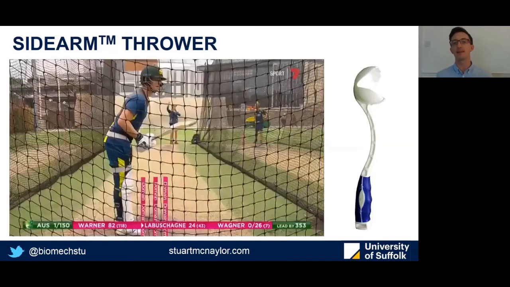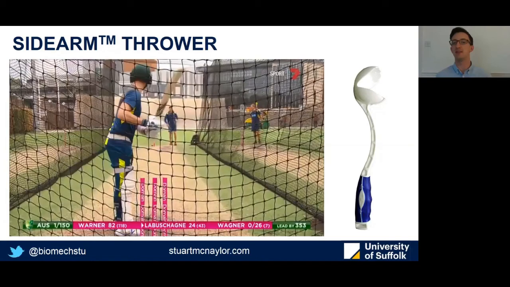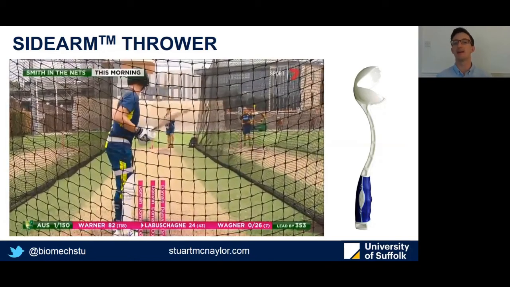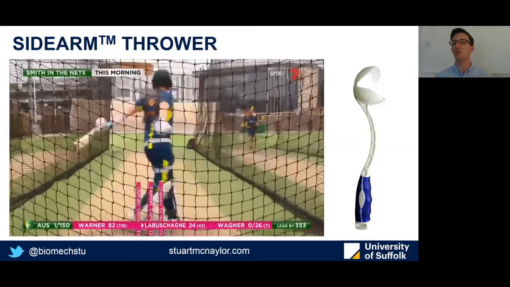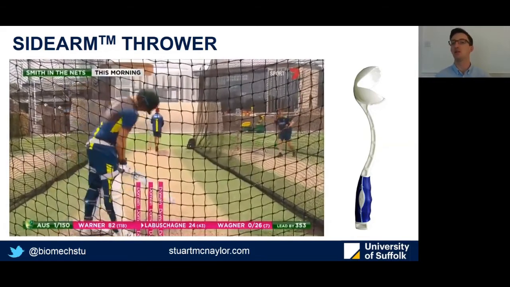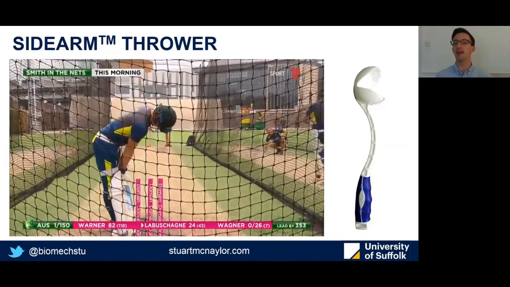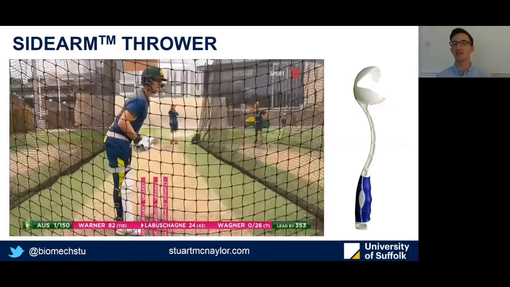A compromise may be the sidearm thrower, where we can see in this video both coaches in the background using the sidearm so that we're not having to overwork the bowlers, but there's still some visual pre-release cues available for the batsman to work with and learn to take in.